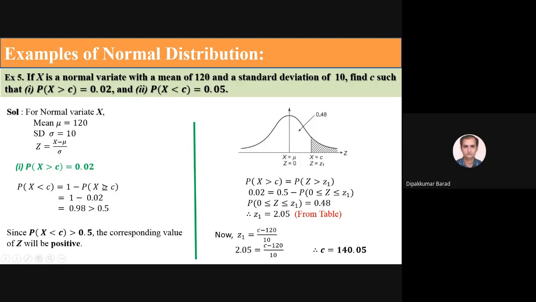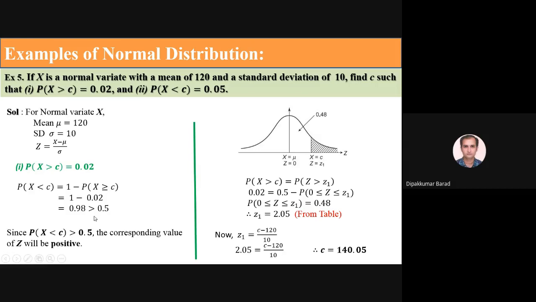As we know, the whole area under the curve is 1, the sum of all probability is 1. For x less than C, I have to subtract x greater than or equal to C. So 1 minus 0.02, as we have given 0.02, and I get 0.98.